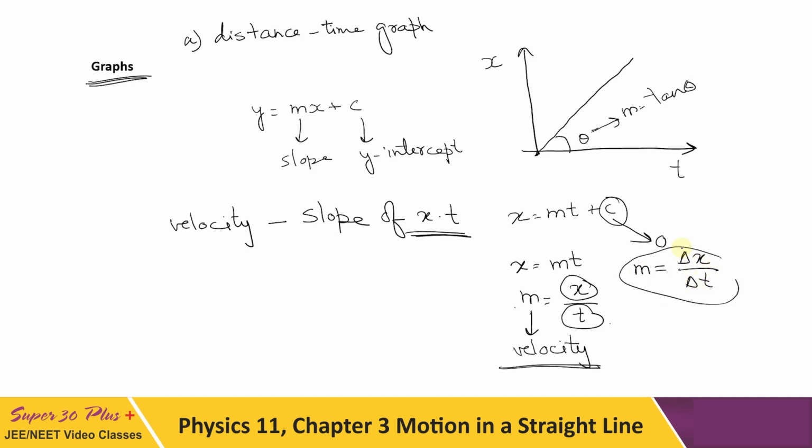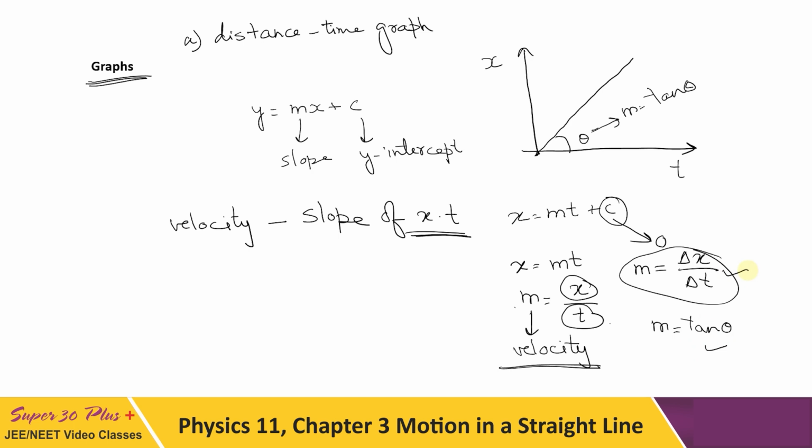These are the two ways in which you can write your slope, and here slope means the velocity term. Depending on how the question is given, you can write tan theta or delta x by delta t, and the slope and velocity will be represented.